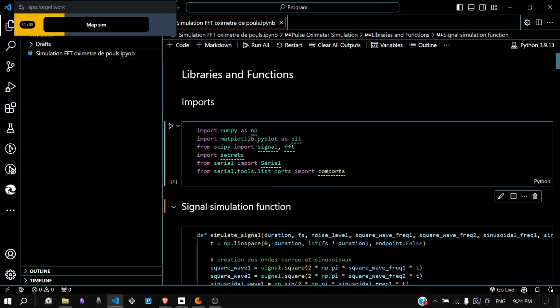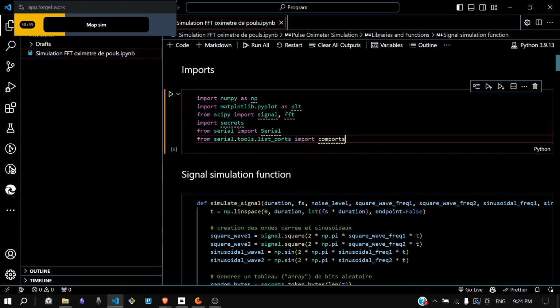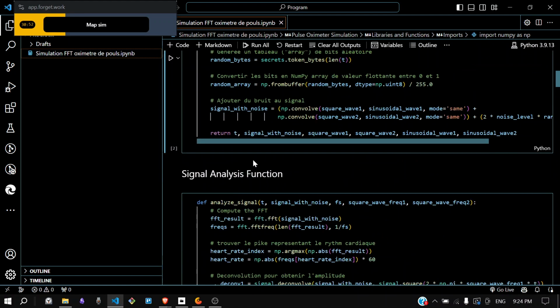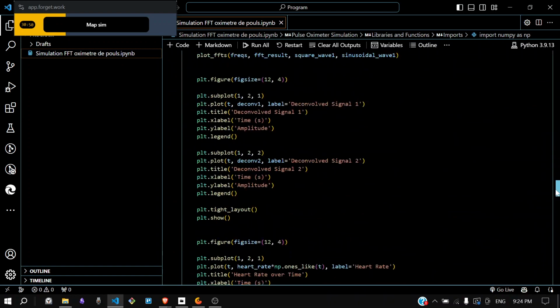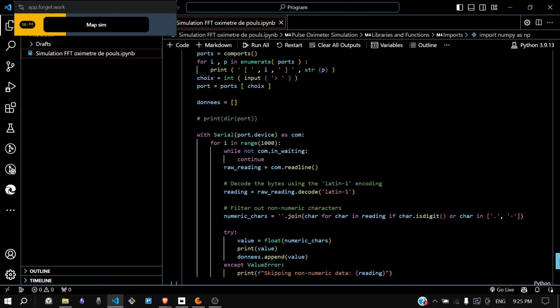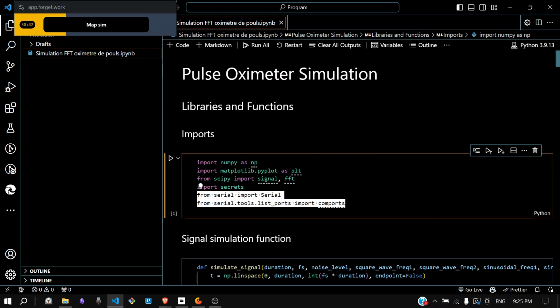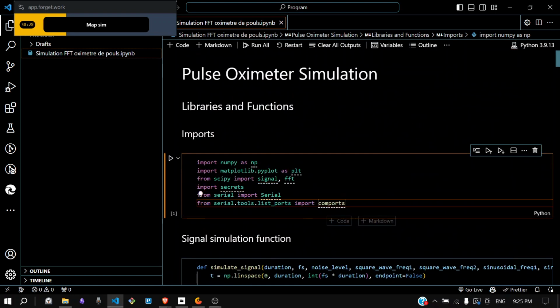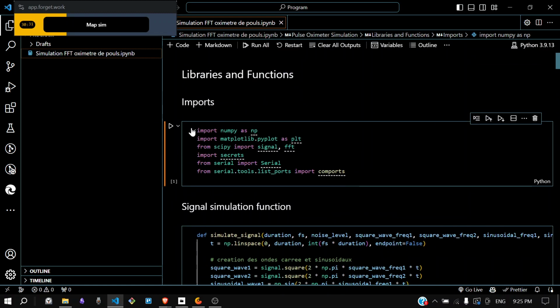Secrets, Serial, and another serial tool. Right now, in the simulation, we don't use serial. Serial is supposed to be a way to communicate between the ports of the computer to actually link Arduino with the actual simulation. I will have a video talking about how a pulse oximeter works and how this is relevant for the project.